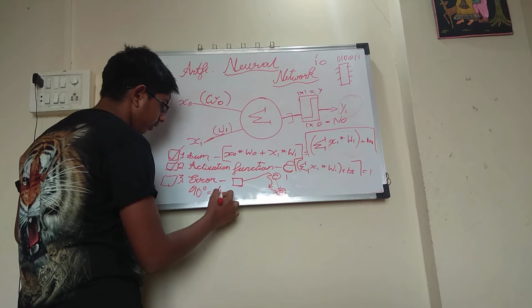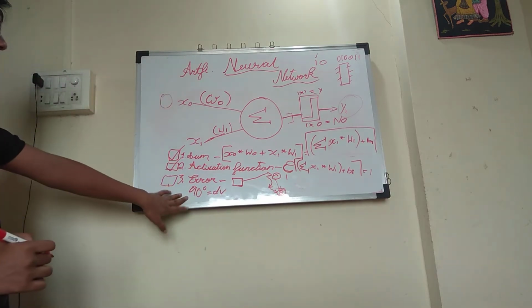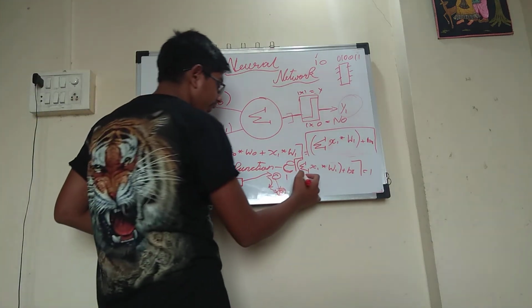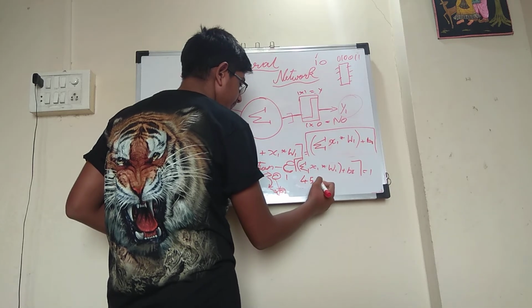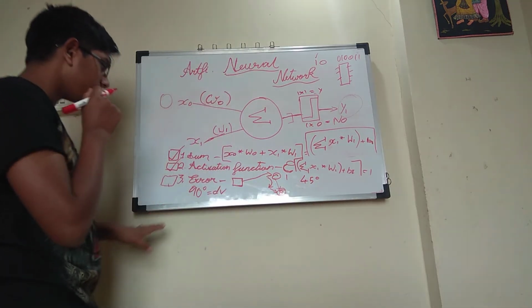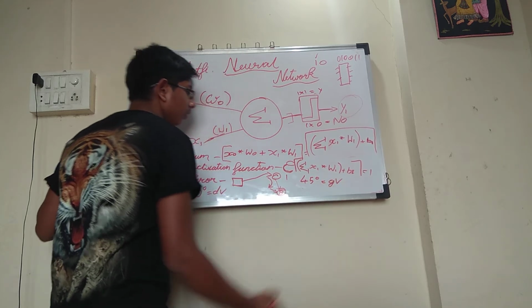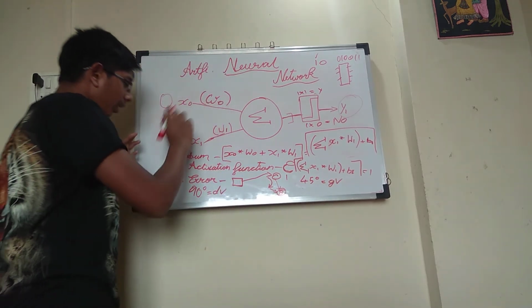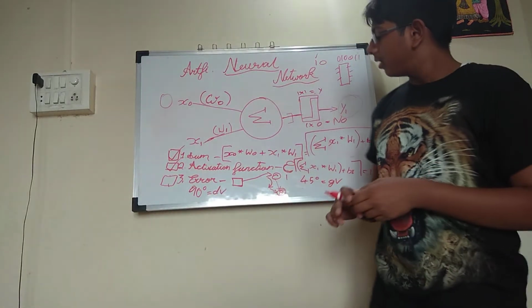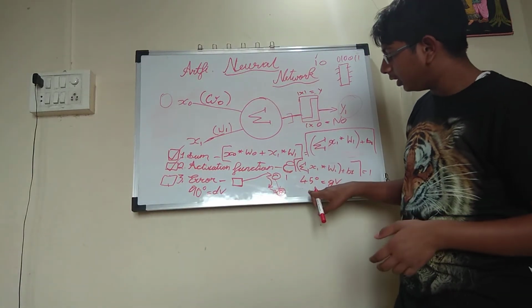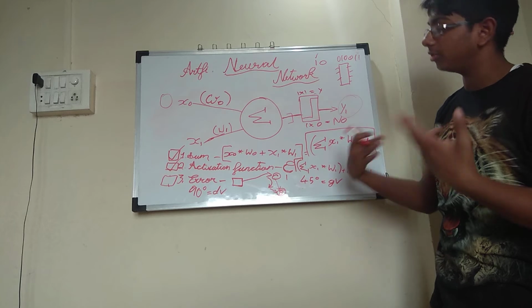Let's call that DV. The guess value is 45 degrees. That's my guess value, GV. So we have a guess value and a 90 degree desired value.